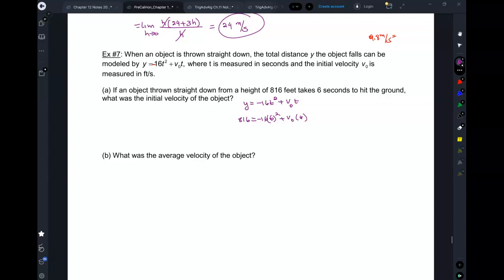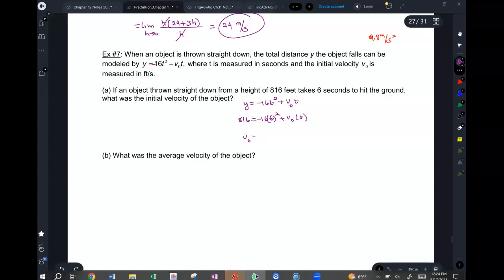Okay, so how much is that? I think you have to divide by 6. Right? Divide. And then did you do v naught times 6, that part? Yeah. You're adding negative 16 times 6 squared instead of subtracting it.